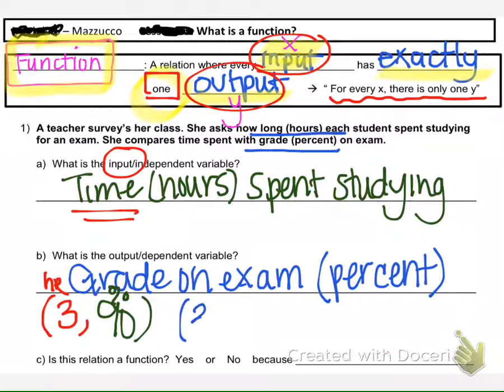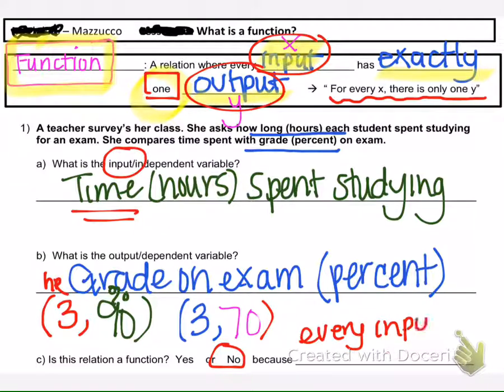However, someone else who studies 3 hours may get a 70%. So therefore, this is not a function because every input, in other words, time, does not have one output grade.